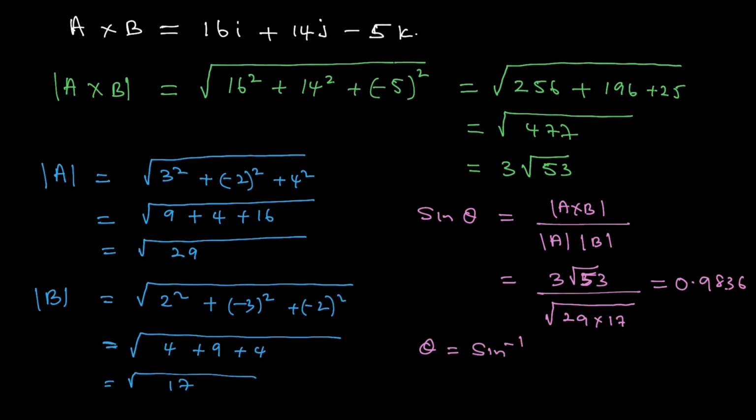theta will be sine to the power minus 1 of 0.9836363, and the rest of the digits, 8978.